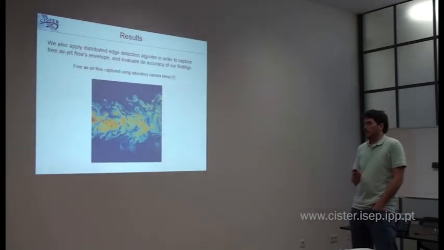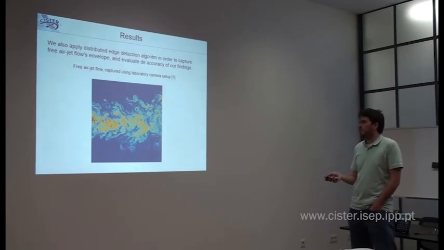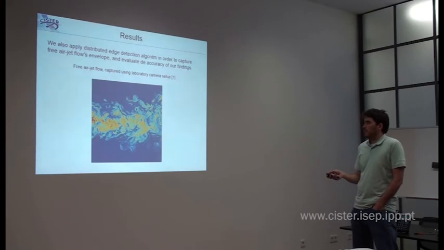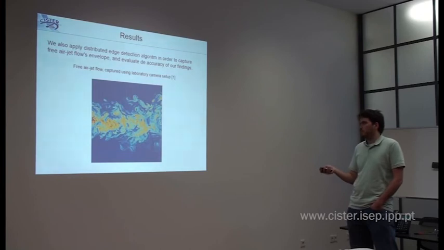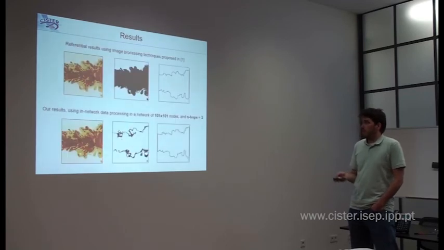The raw data is not important, but the pre-processed. Another simulation we did was using this jet. We also wanted to determine the envelope, the region that separates turbulent from laminar flow. This is a real flow captured using a camera by other authors, which we used.